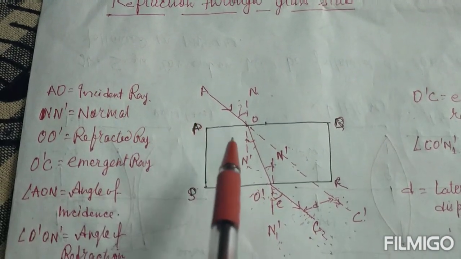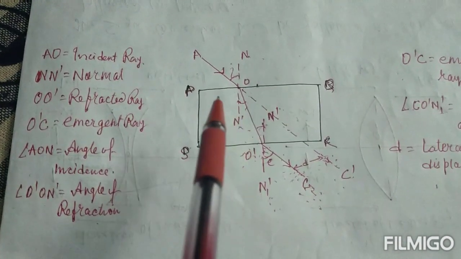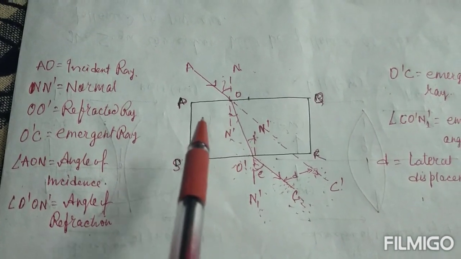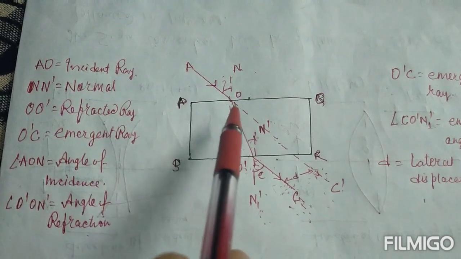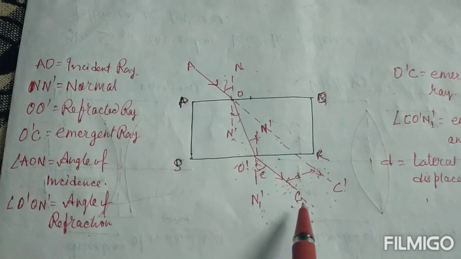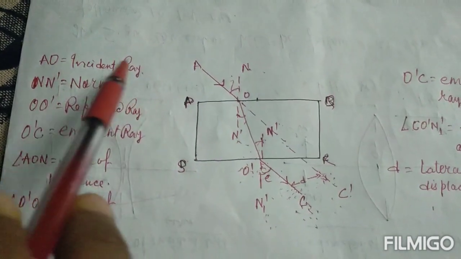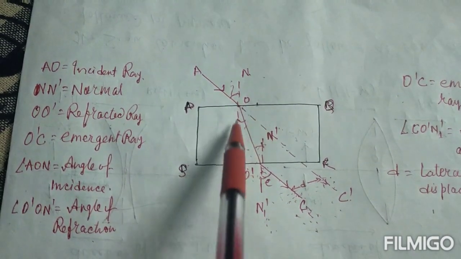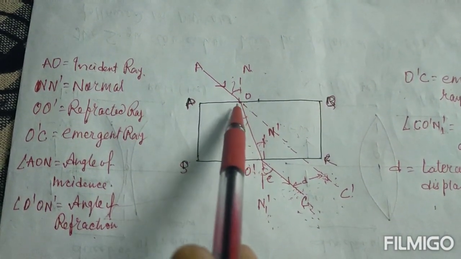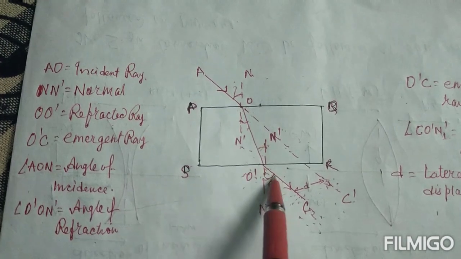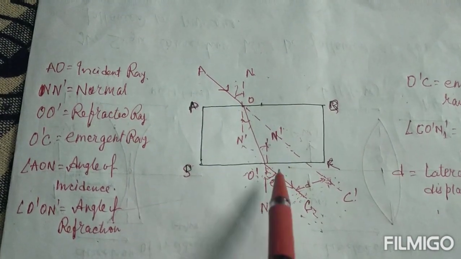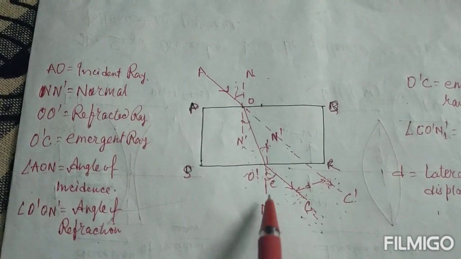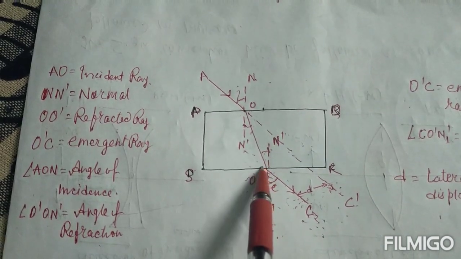Here are a few important terms which you have to know: what is an incident ray, what is a refracted ray, what is an emergent ray. AO is an incident ray as you are seeing in the picture, N dash is the normal at this point, and OO dash is a refracted ray, and N dash and 1 dash is the normal at this point.